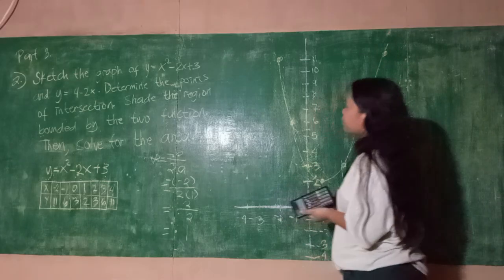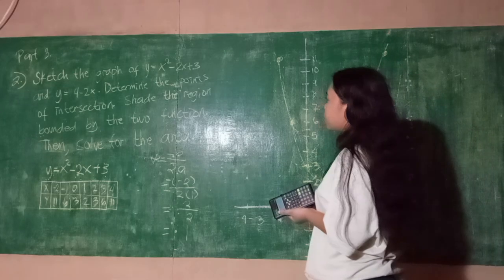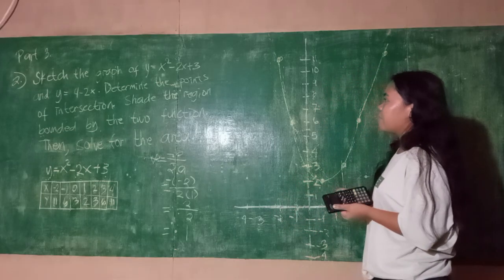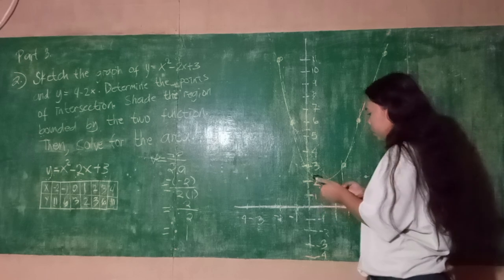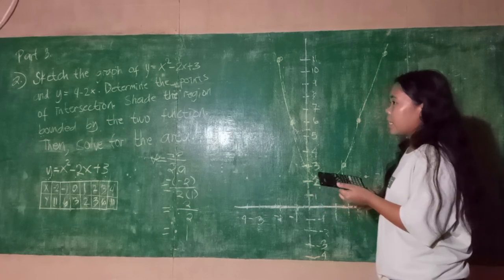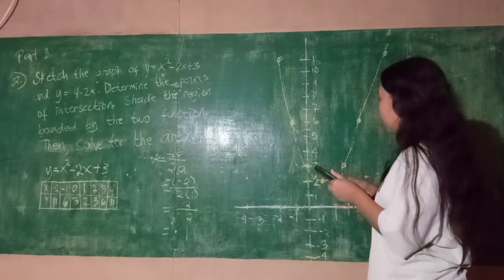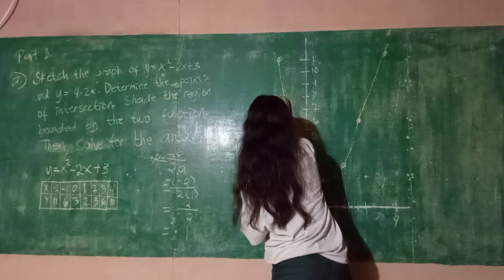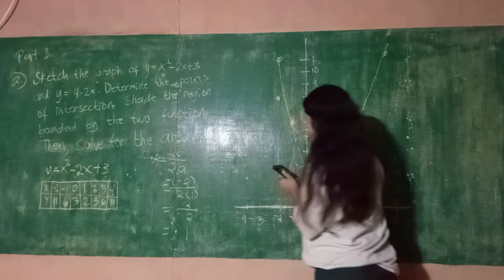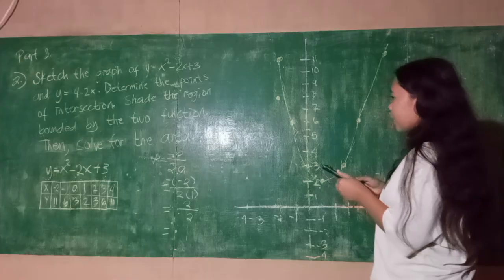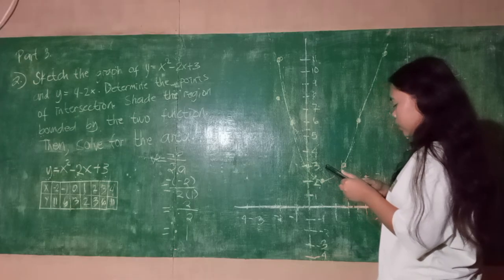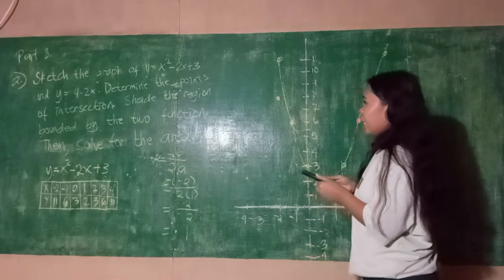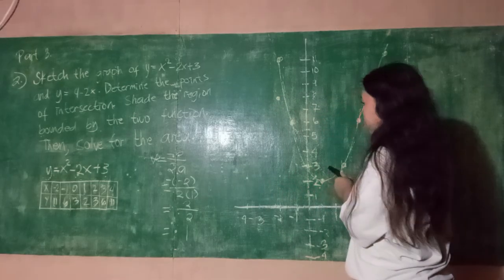And now, as for our second function, y equal to 4 minus 2x, since it is a linear function, we can substitute any value of x to find the value of y. So, if x is negative 2, then y is 8. If x is negative 1, our y is 6. If x is 0, our y is 4.